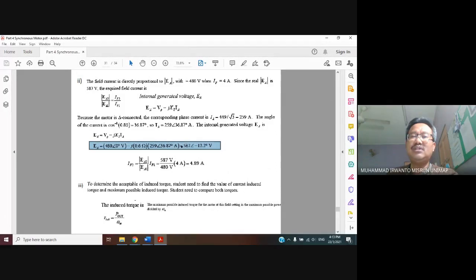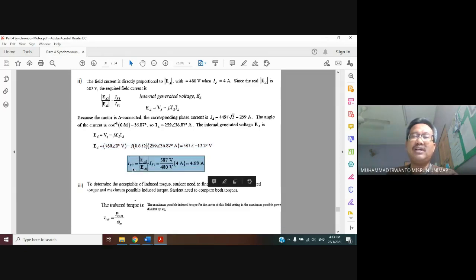Now we obtain the value of the second condition for the internal generated voltage, 587 angle minus 12.2 degree.